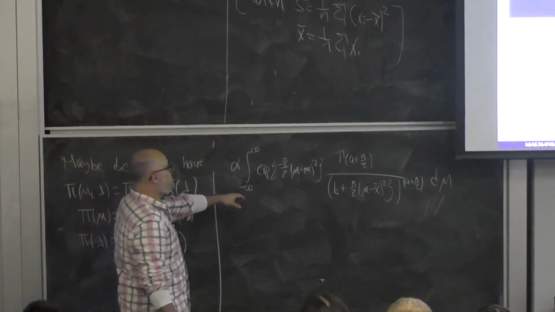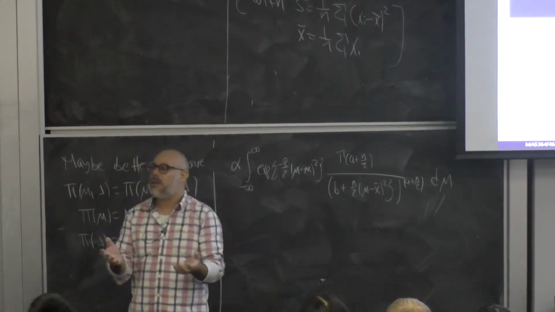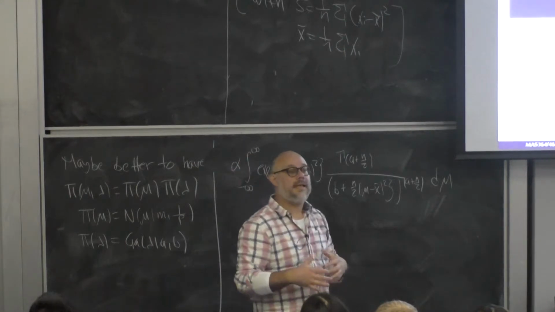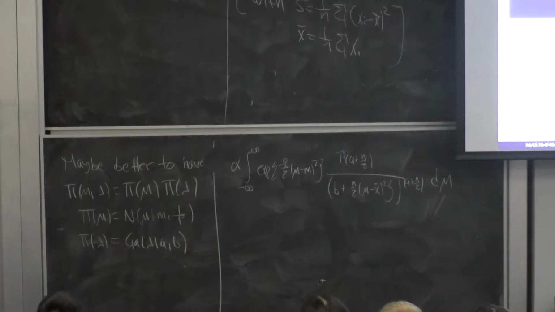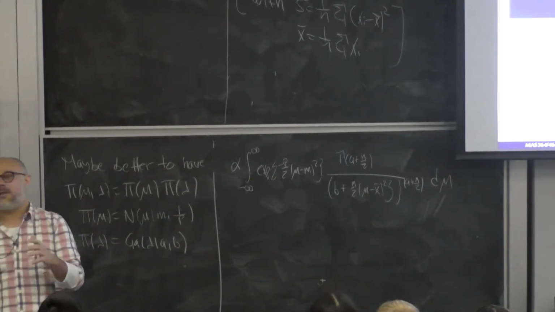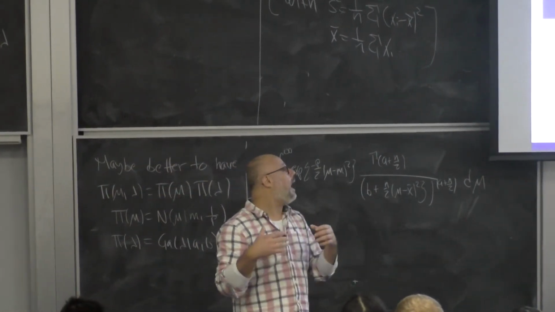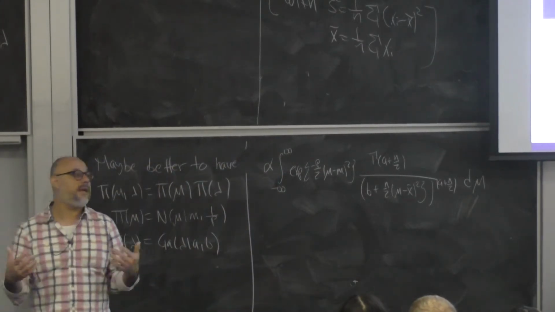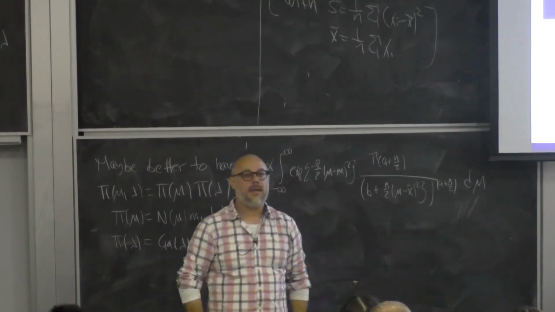If the dimension of the parameter is small, we can do numerical integration and that will work, but in general, and that's what we will try and motivate in a second, in real life problems we will have parameters of dimension larger than 2 or 3. So numerical integration will not be stable and we need to do something else. And that's where the Markov chain Monte Carlo kicks in.